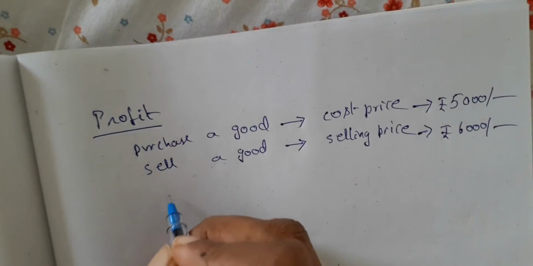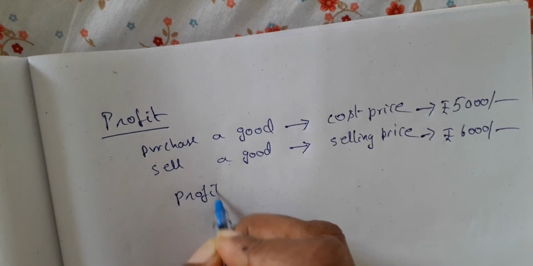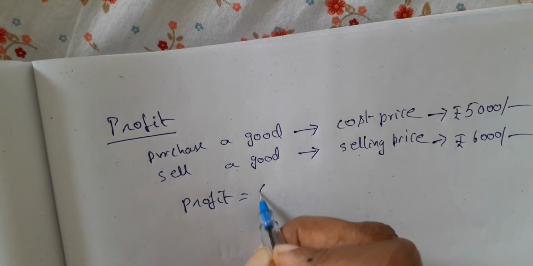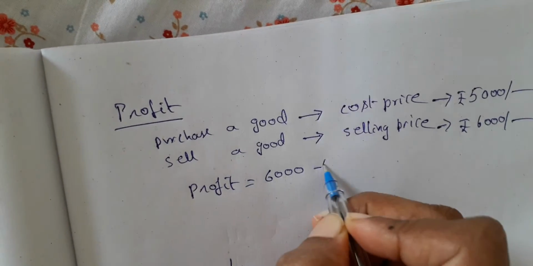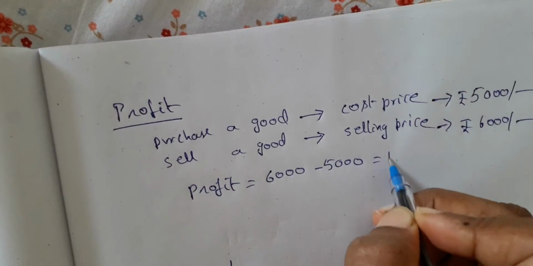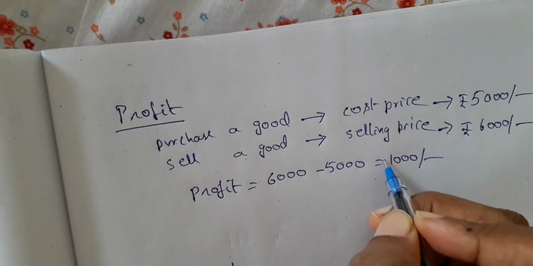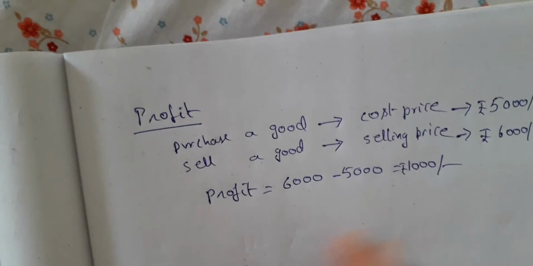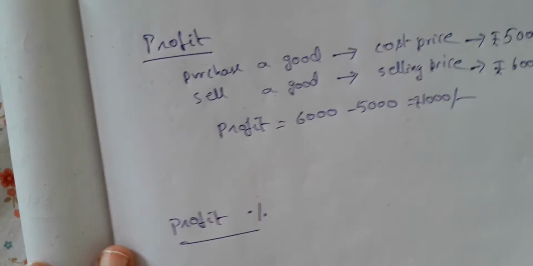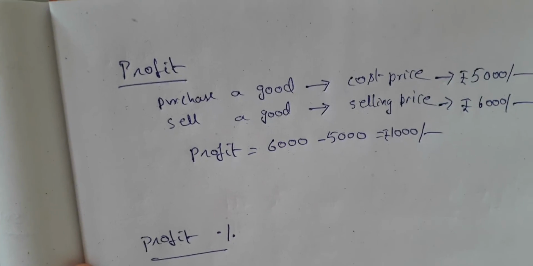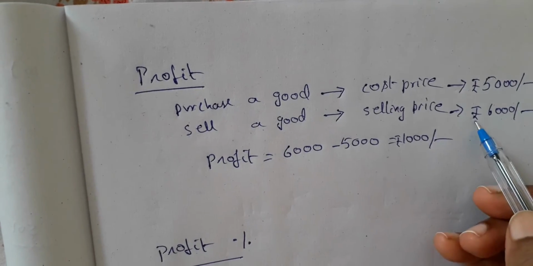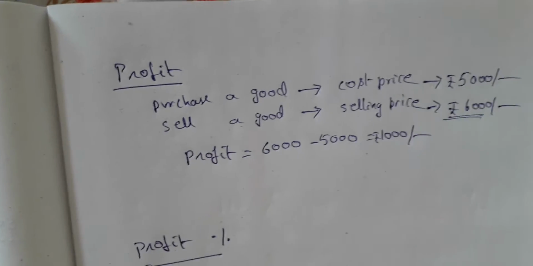So profit is equal to 6,000 minus 5,000, which is equal to 1,000. So profit is always selling price minus cost price, because selling price will be more.